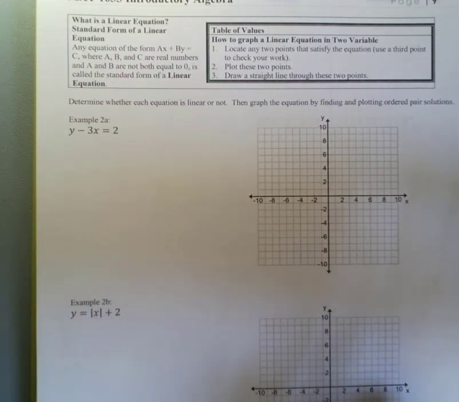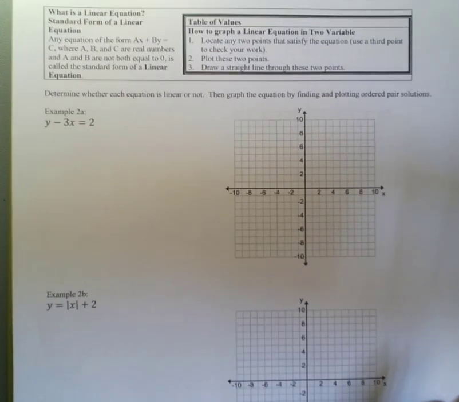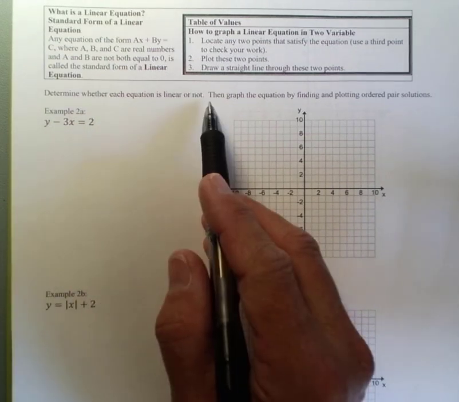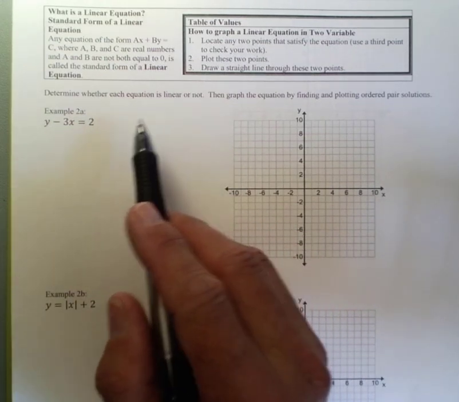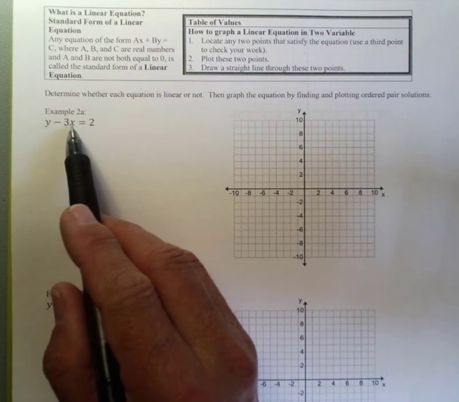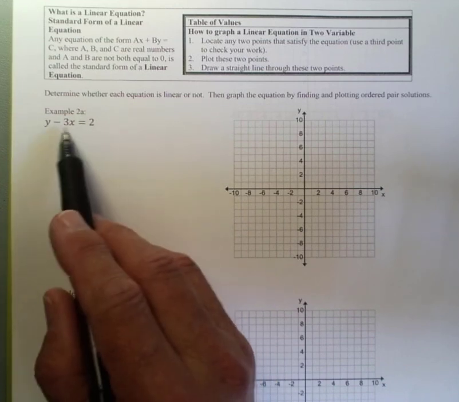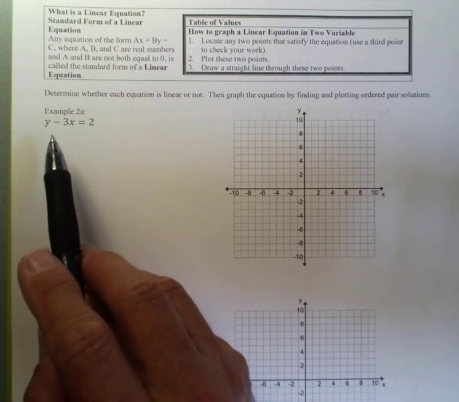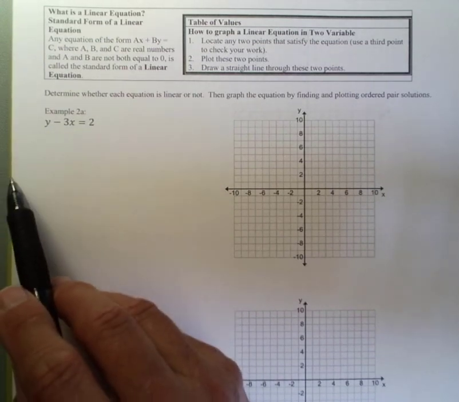There are all different variations on this that you'll see as you go through the work, okay? So for the first one, as an example, is this a linear equation or not? Well, a linear equation can have an x and a y variable, and it can have a number, but it can't have anything squared or absolute value. That makes it a straight line. And this one fits that criteria.